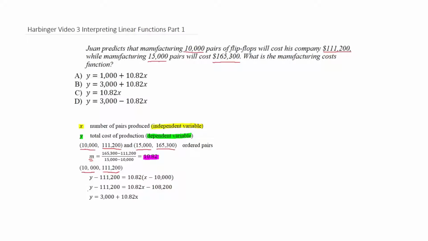When we simplify, we'll get y is equal to 10.82x plus 3,000. And this is our manufacturing cost function. Let's have a look. So the correct answer will be B, y is equal to 3,000 plus 10.82x.